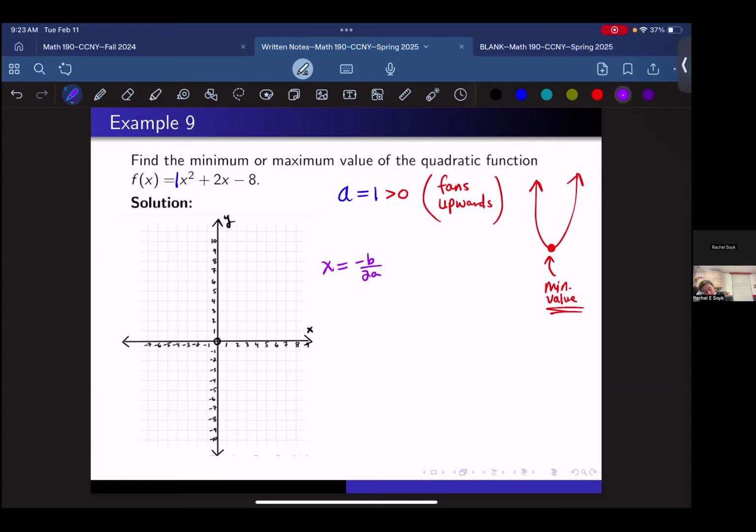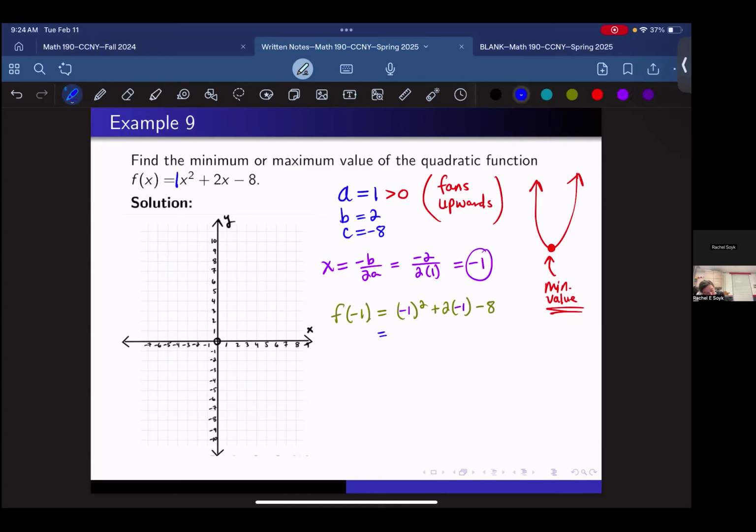Negative b over 2a. Our b is 2 and our c we don't need here, but I'll put it in. It's always good to practice. So we have negative 2 over 2 times 1, which is just negative 1. Plug this back into our original function. Wherever you see an x, draw some parentheses, and then fill those parentheses with negative 1.